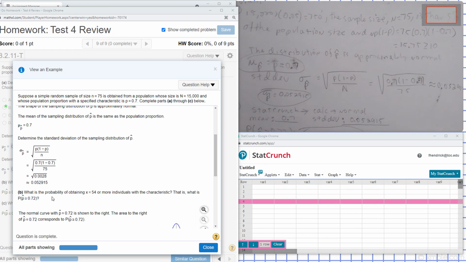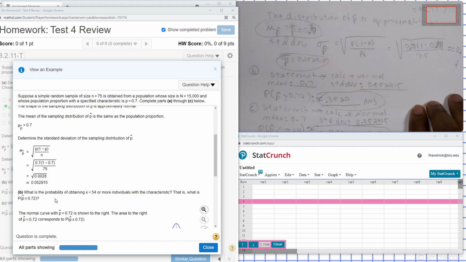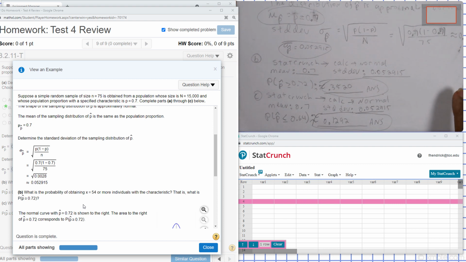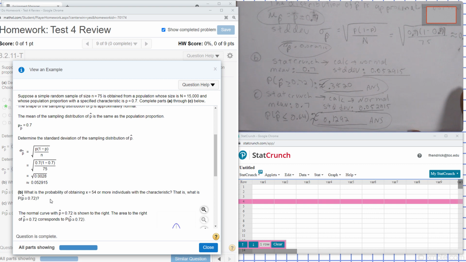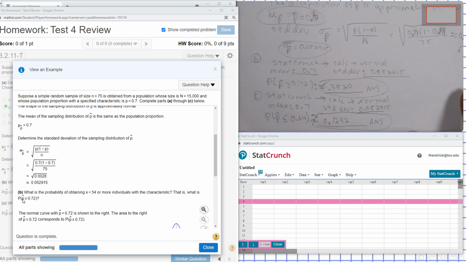What is the probability? They ask for the probability here in part B of obtaining x equal 54 individuals with this characteristic. So it's the probability that the proportion will be greater than 0.72.